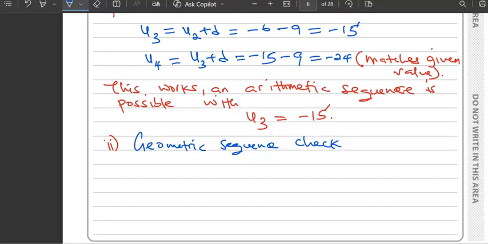And how do we find the common ratio? The common ratio is determined by the ratio of consecutive terms, that is, a term divided by the previous term.